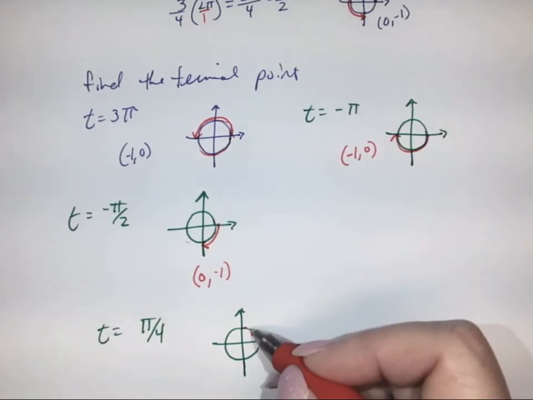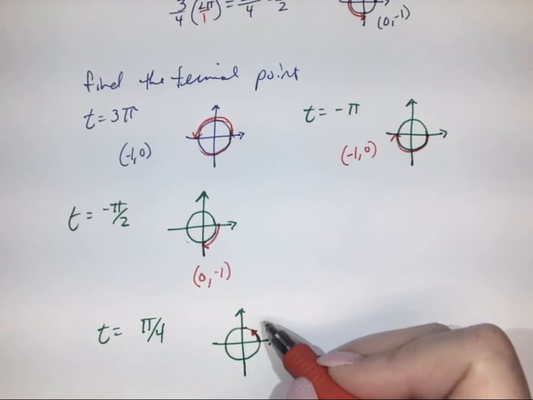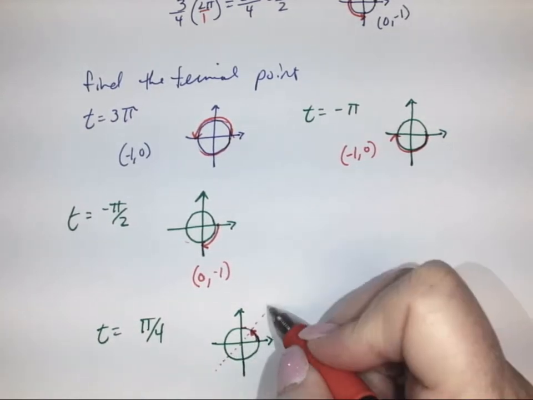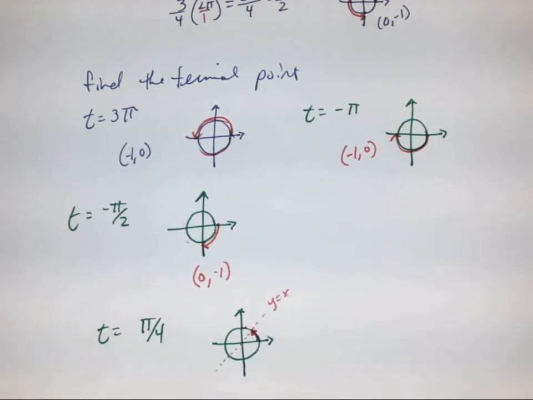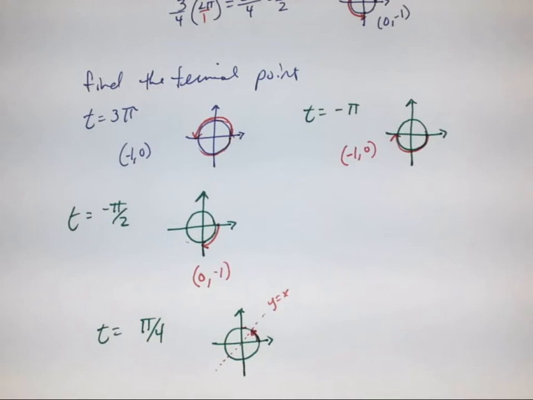From 1, 0 to 0, 1, it's the same distance along the unit circle. So there is a line right here where y is equal to x.